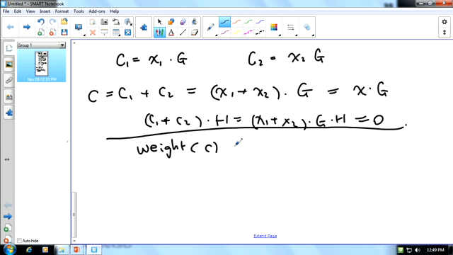The weight of a code word is the number of ones in the code word. So actually we can have a theorem.